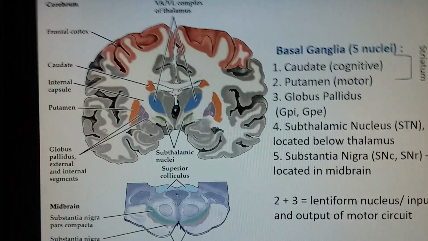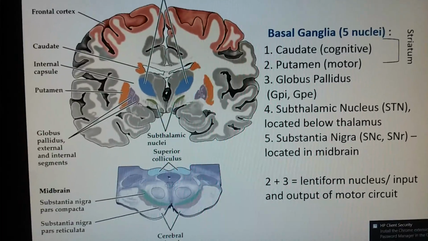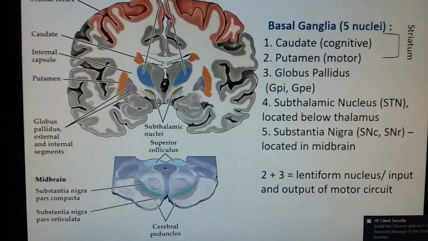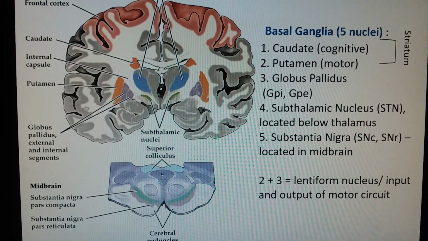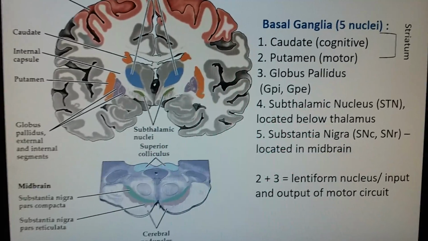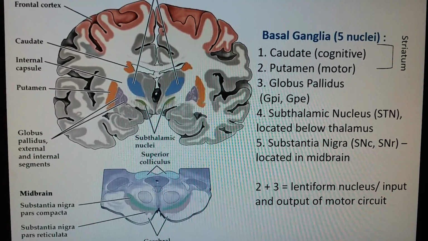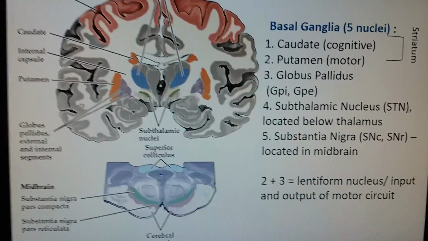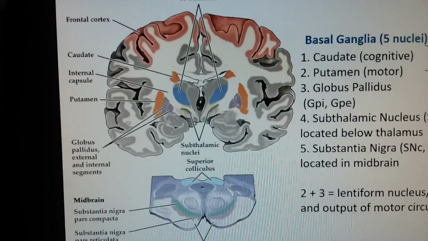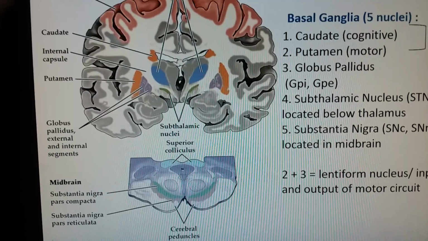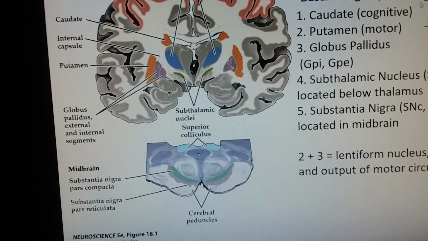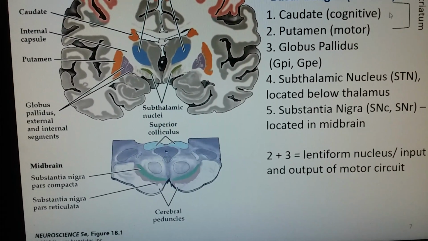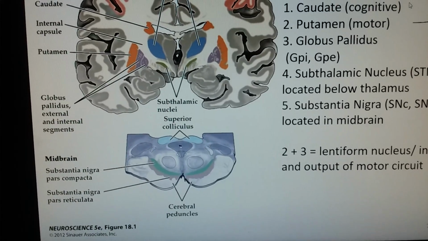So let's get to the need to know. Let's review some basic basal ganglia anatomy. Basal ganglia, okay, so these are structures deep to the motor cortex, or deep to the cortex itself. It is made up of 5 nuclei, so just 5 big groups of neurons.